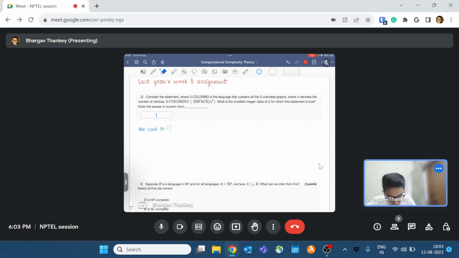So we can enumerate over all three colorings and check if one of them is a valid three coloring.